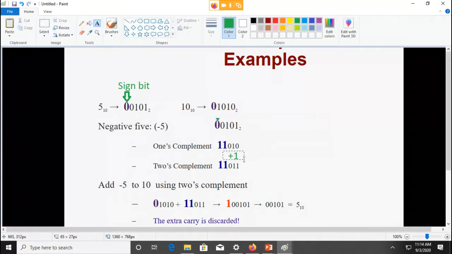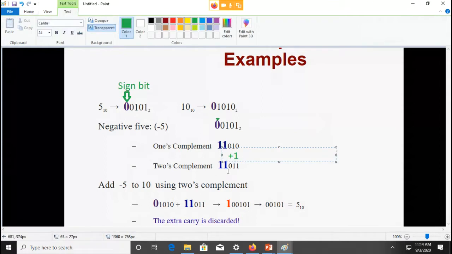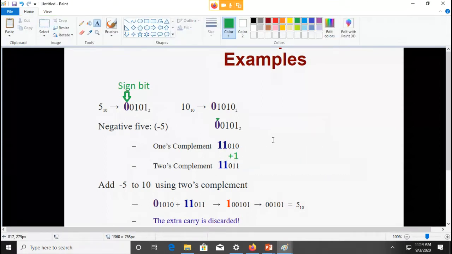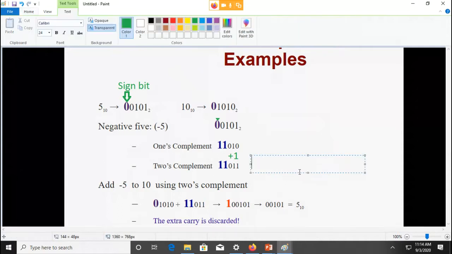And we add one more to that, so that gives us 11011. That is a -5. So this value right here is -5 stored inside the computer as a 2's complement.